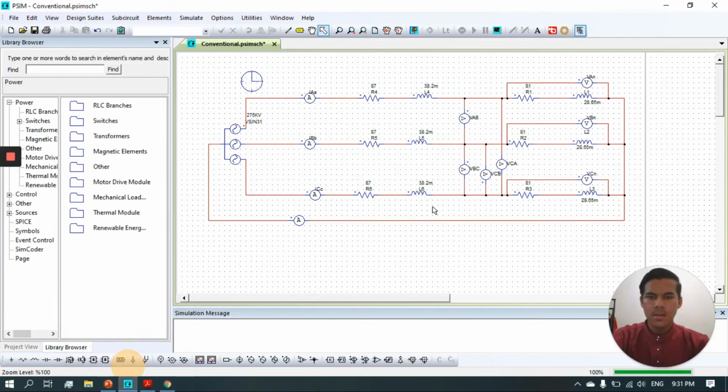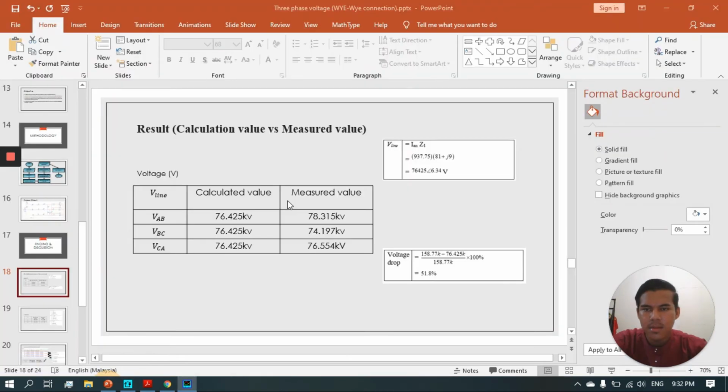The calculated value, all the same. I have stated in the slide. But the calculated value and the measured value are not the same.